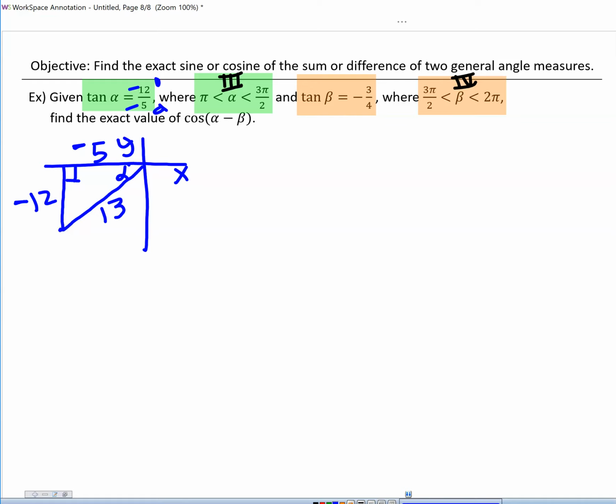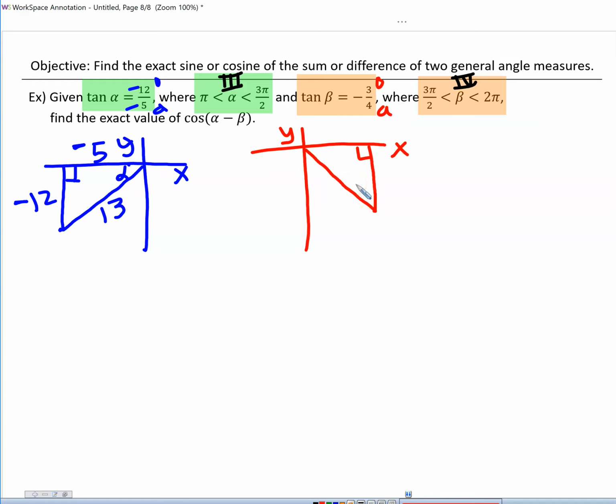All right, for our angle beta. Beta is in quadrant 4. So again, our hypotenuse connected to our origin, drop our vertical to the x-axis. So here our tangent is negative. It's still opposite over adjacent, but we have to understand which of those would be negative in this quadrant.